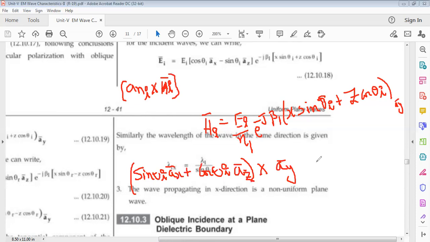Got it, my students? So now you can see AX and AY. So ANI cross HI bar: whenever you get Z and Y it is the reverse, and Y and X is a minus. So HI cross ANI bar is in the reverse order. Right here it is AY bar cross HI cross AN bar, as previously we did in the electric field.